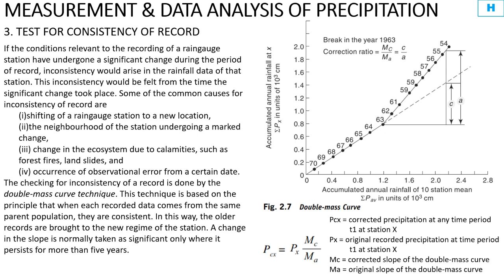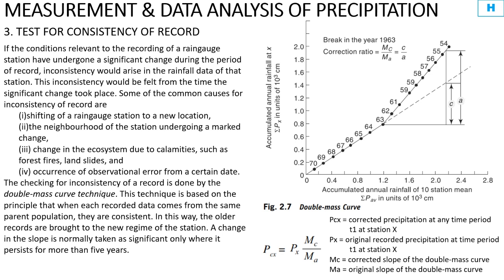Number 2, yung neighborhood ng station, nagkaroon ng change. For example, ayun nga, rainforest siya. So, madalas ang precipitation, biglang bumaba, ibig sabihin baka may nakalbo siyang part. So, may nagbago doon sa neighborhood, sa area ng rain gauge natin.